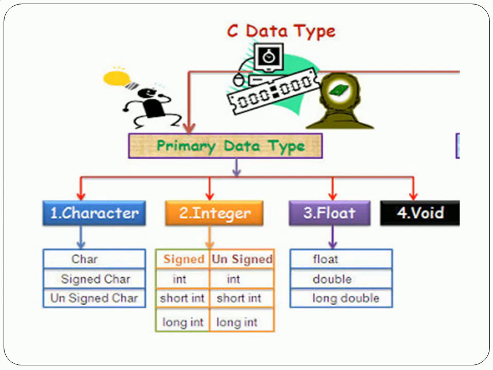Under primary data types, we have four types. The first is character, used to denote a character type. Second is integer, used to denote an integer type. Third is float, used to denote floating values. And the fourth is void.